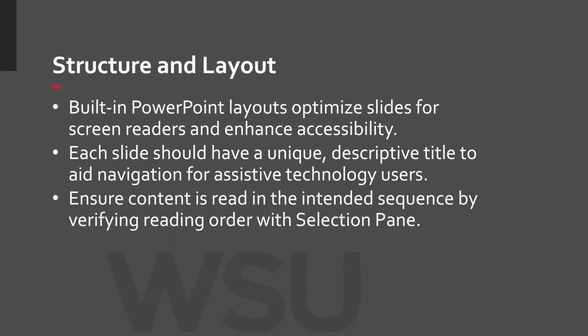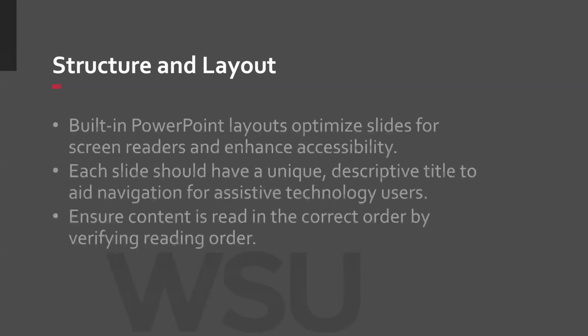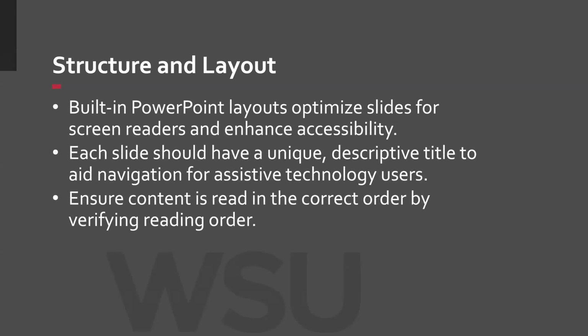We need to ensure content is read in the intended sequence by verifying reading order with the selection pane. And again, I'll demonstrate this here in a few minutes. A duplicate of the structure and layout slide is shown. So this is the duplicated slide that repeats everything that I had on the last slide. This was intentional, just towards the end as I show how to remediate the errors in this training.